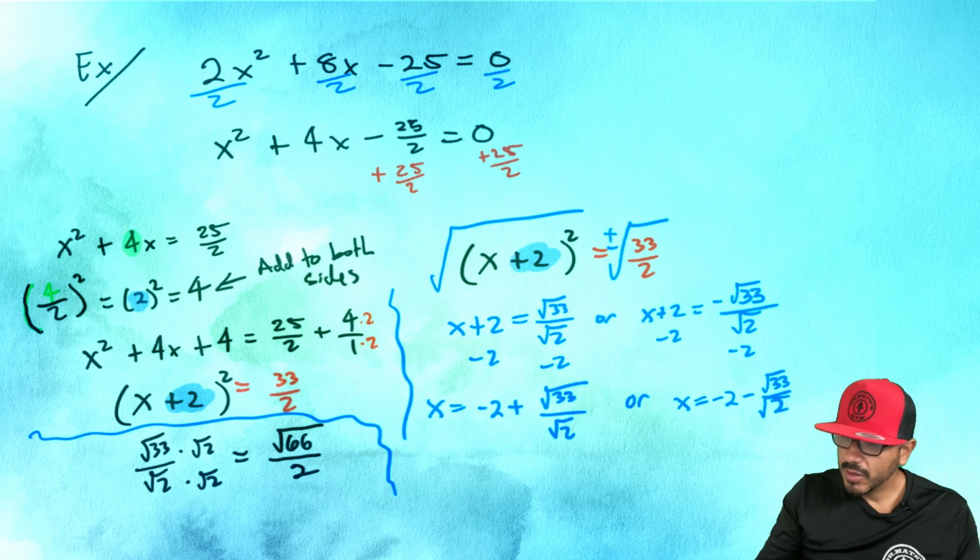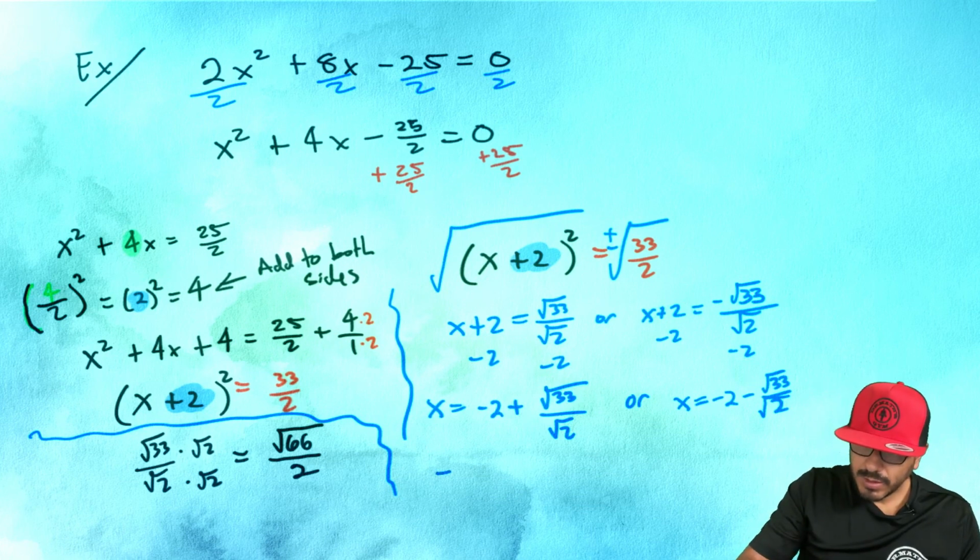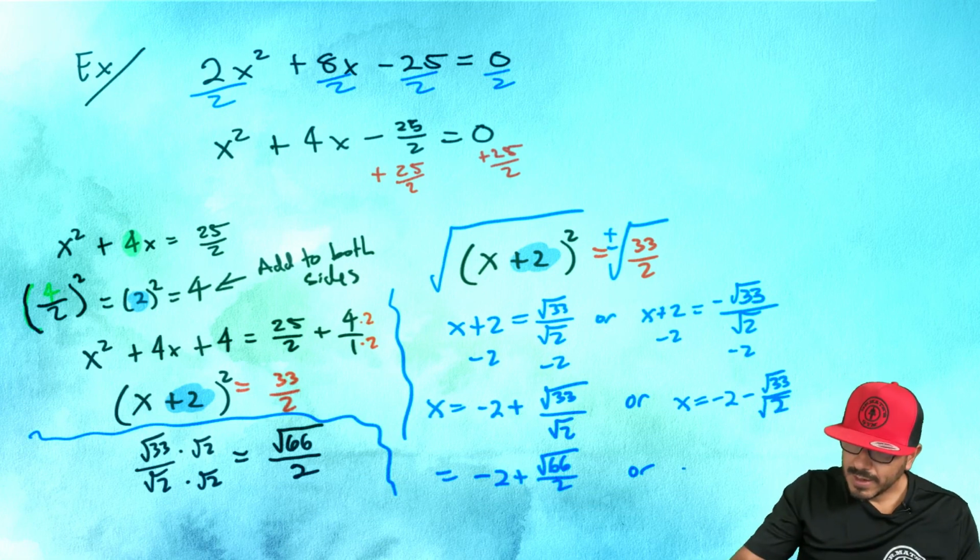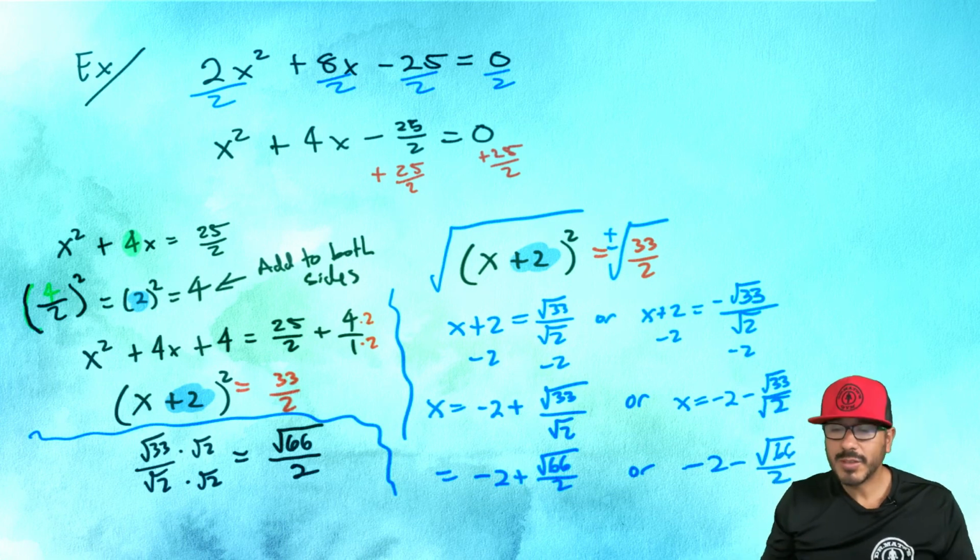All right, so we're left with our final answer here of negative 2 plus the square root of 66 over 2. That's one of our solutions, or negative 2 minus the square root of 66 over 2.